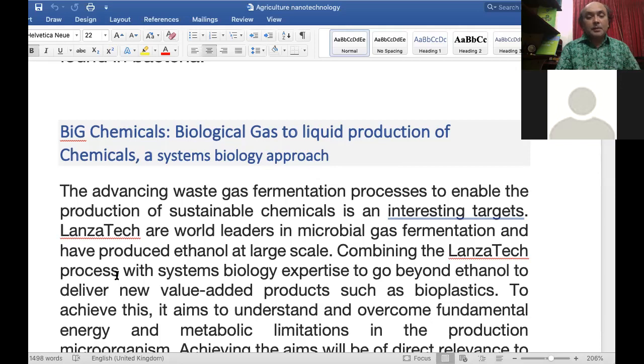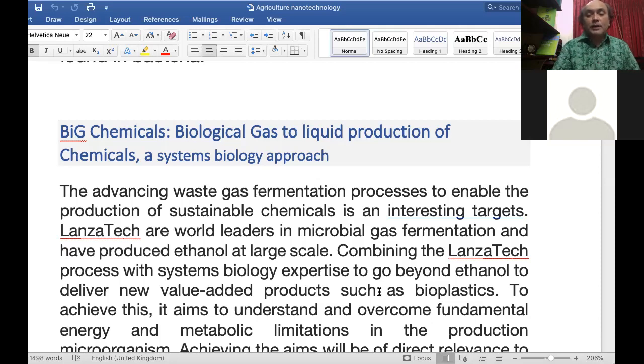Combining the Langertech process with system biology expertise to go beyond ethanol to deliver new value-added products such as bioplastic. Bioplastic, plastic is a polyethylene or like that. So by using biomass, nowadays scientists develop technology to make bioplastic.